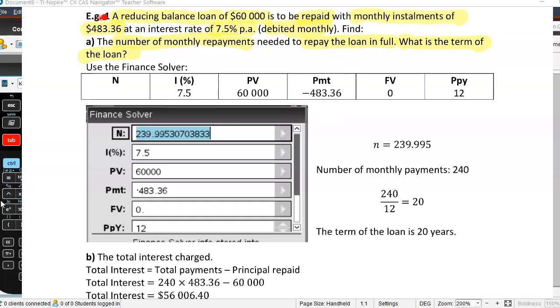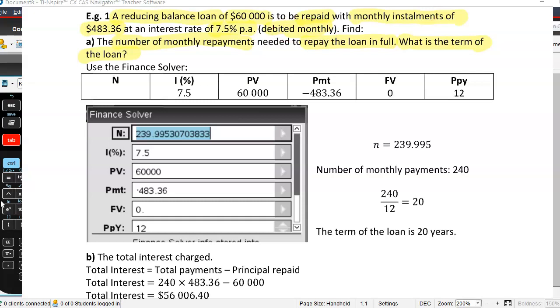Payment is $483.36, and that's negative because we are paying it to the bank. We are giving it to them. Future value is 0 because we want to owe nothing at the end of the loan. And PPY and CPY is 12 because we're doing monthly payments and interest is compounding monthly.